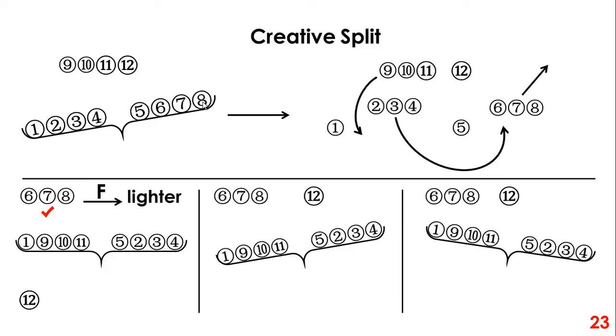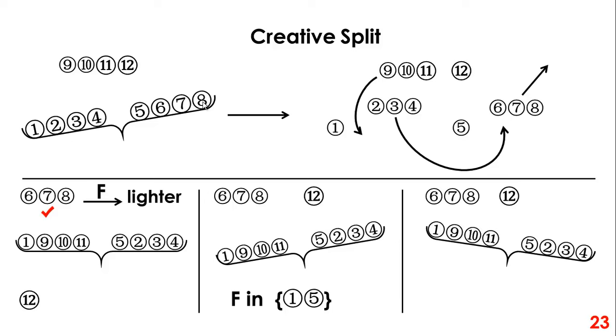Now the second case. This time we can conclude F is in the group 1 and 5. Why is that? First, F cannot be in group 6, 7, 8. Second, F cannot be in group 2, 3, 4.